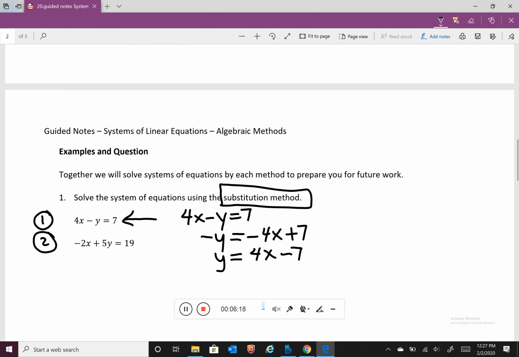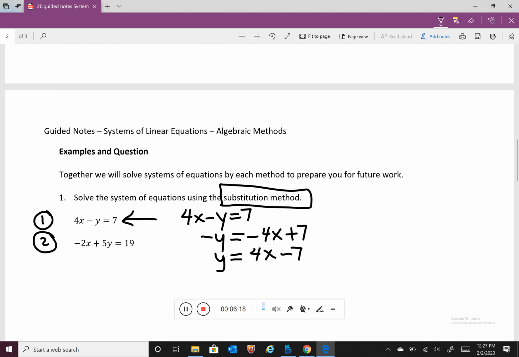Now, if you look back on your steps for using the method of substitution, we're now going to take the resulting expression and substitute it into the other equation, because the other equation also has y. So we have negative 2x plus 5y, but from the first equation, y is 4x minus 7.